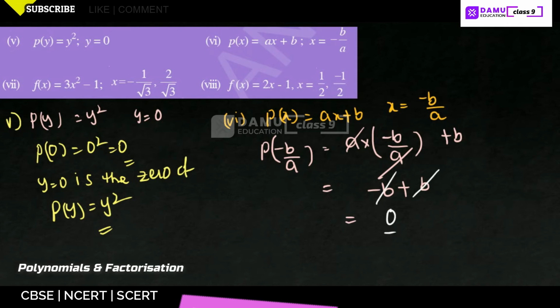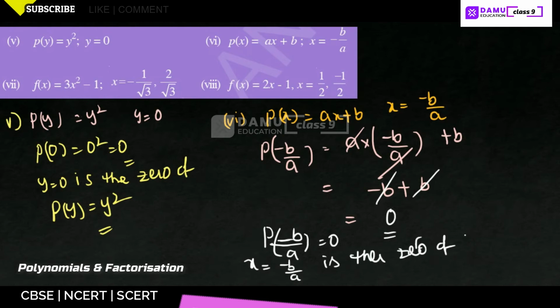Then what is that? 0. Then p of minus b by a will be equal to 0. Then what you can take, x equals minus b by a is the zero of p of x equal to ax plus b. So like that we need to solve.